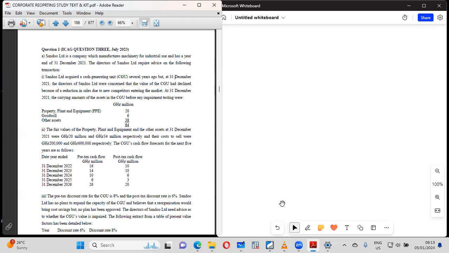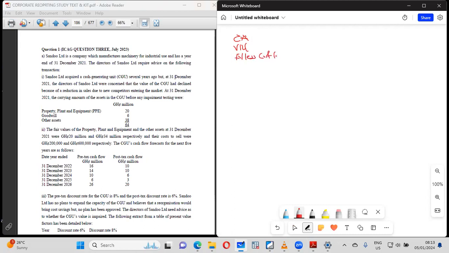And don't forget, in impairment, what we are looking for are three things. We need a carrying amount. We need the value in use. We also need fair value less cost to sell. So these are the things we need. Now, we've been blessed with a carrying amount. What is our carrying amount?